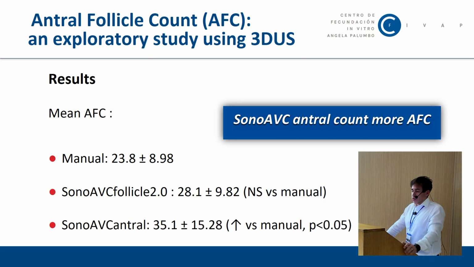And our results were that SonoAVC antral counted more follicles than manual. You can see here that antral follicle count had a median of 35 follicles and manual 23, and the result was a significant difference. But between manual and SonoAVC follicle 2.0, there were no significant differences.